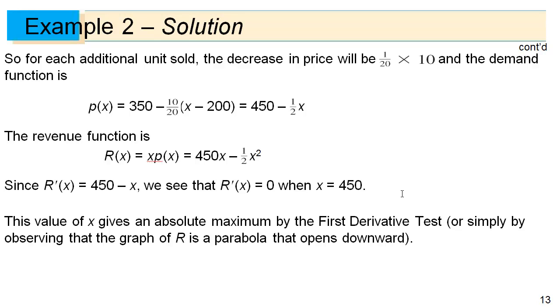Or more specifically, if we want to relate it back to 1 unit, for each additional unit sold, the decrease in price will be 1/20th times 10. And therefore our demand function ends up being 350 minus 10/20 times x minus 200, and so on.